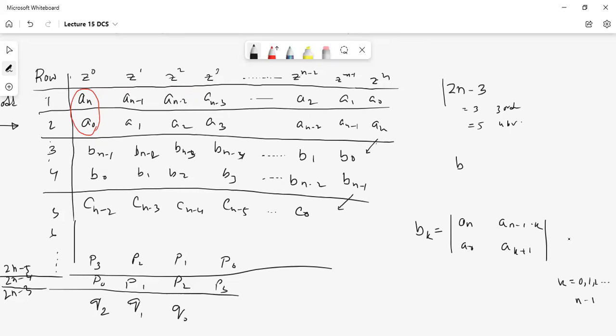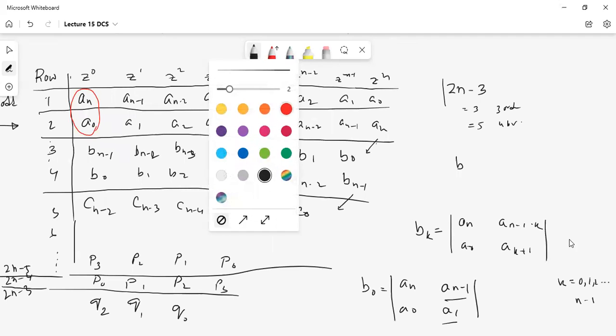So what is Bk? Basically, k equal to 0 means b0 equals the determinant of an, a0, an minus 1, and a1. Now look here, these two are nothing but the next ones.